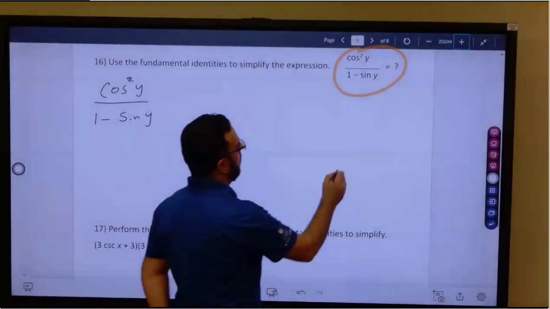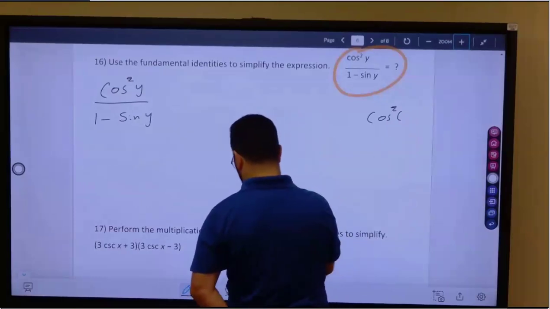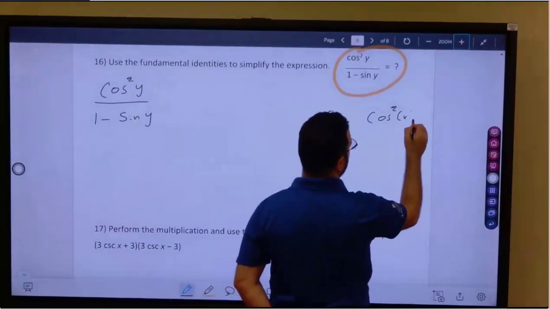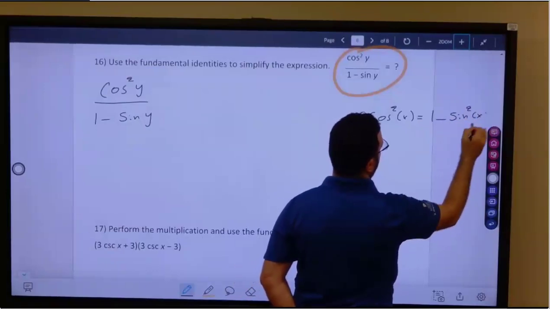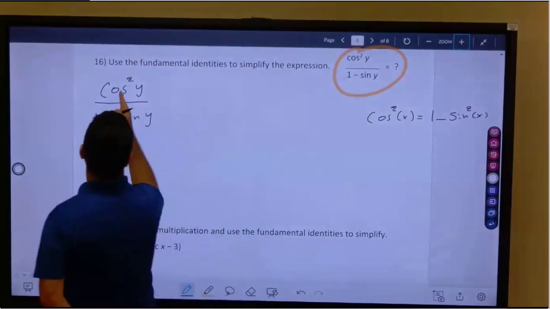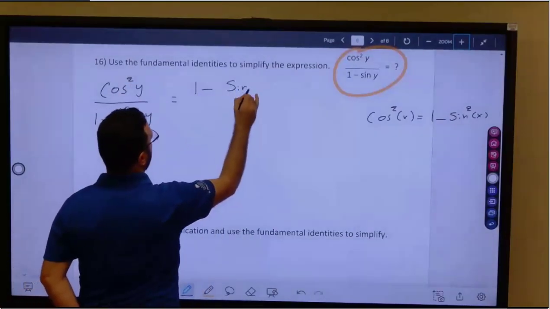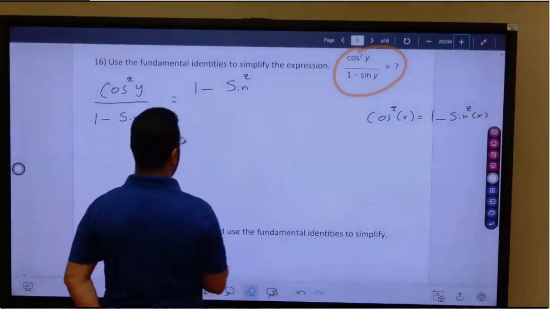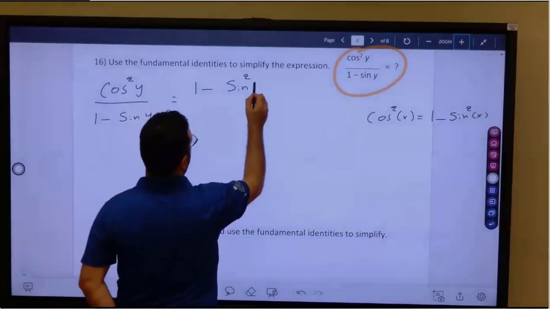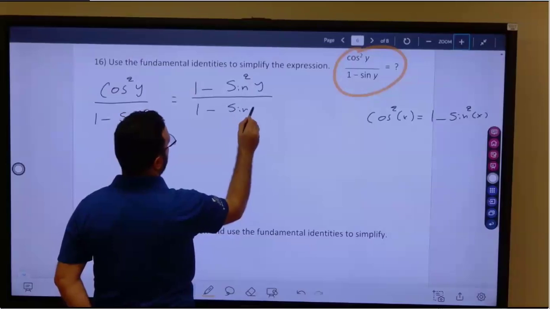I already know cosine squared of any number, let's say x, equals 1 minus sine squared x. Now, if I have cosine squared y, it's going to be 1 minus sine squared y. I put parentheses here, and everything divided by 1 minus sine y.